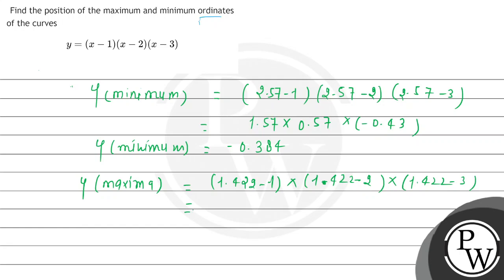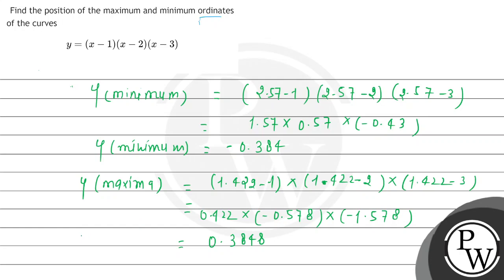First we'll get 0.422, and then minus 0.578 into minus 1.578. So we'll get the value 0.3848. Here the minus and minus become positive, and the overall value is positive.